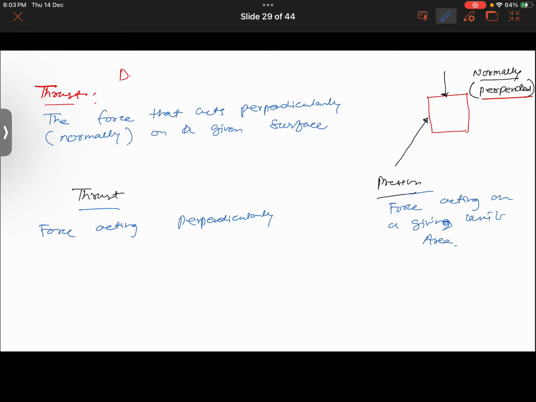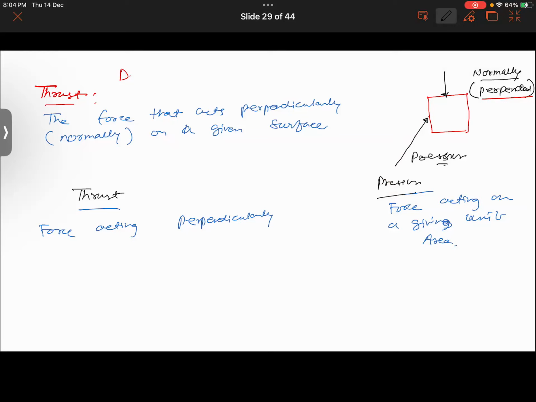So pressure could be acting in any direction. किसी भी direction में अगर हम force apply कर रहे हैं, you will be calling it pressure, right? While for thrust, it has to be acting perpendicularly to the given surface.